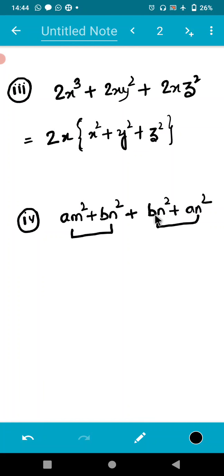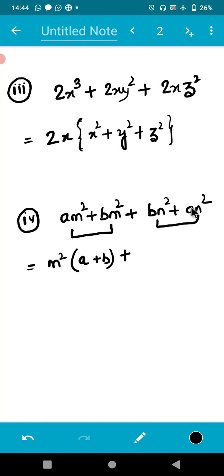In the first and second terms we have m square as common, so we'll take m square as common. What will be left inside the bracket? Only a plus b.